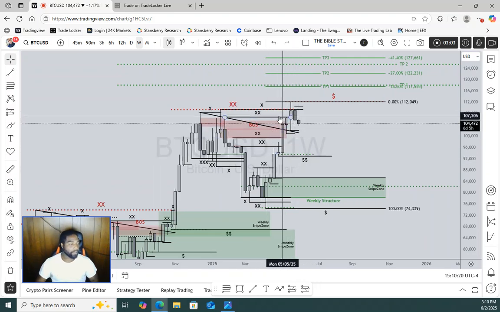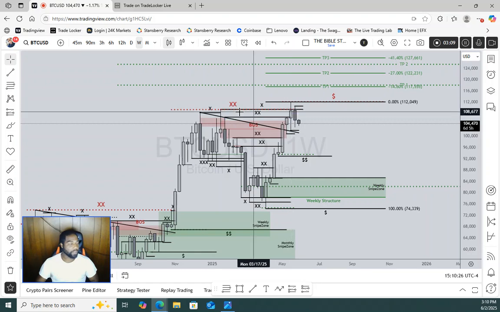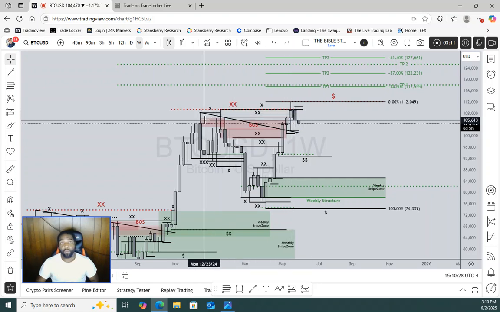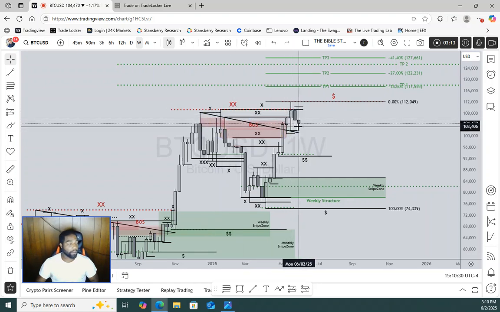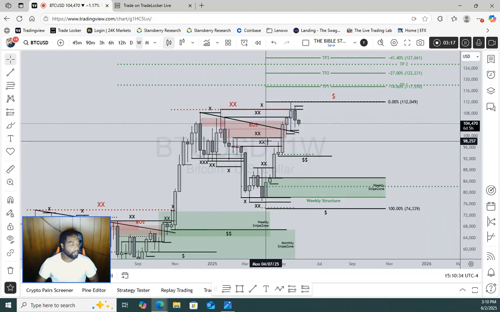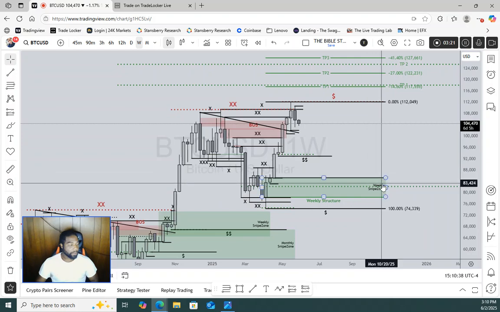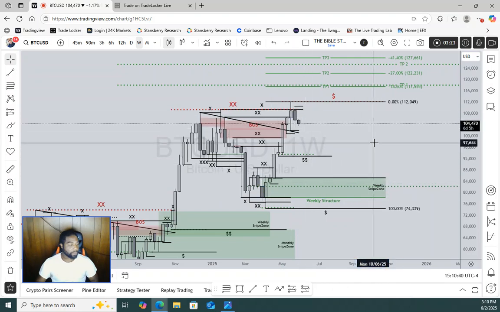As you can see, continuation, we got the internal breaker structure, which solidified that this is a continuation, and the close of this candle giving us a new weekly higher high and now a swing point. Price is now retracing. Okay, this is the snipe zone for this move.